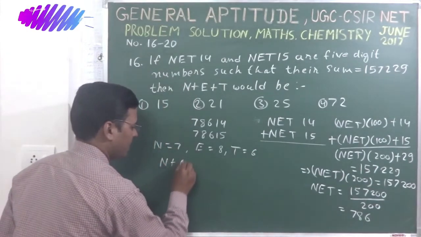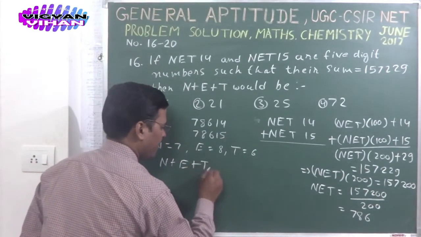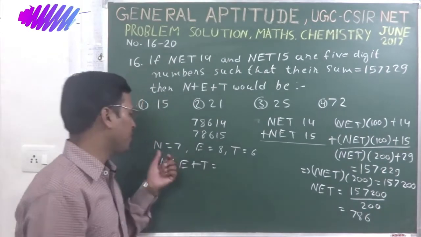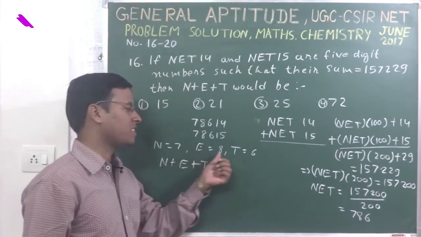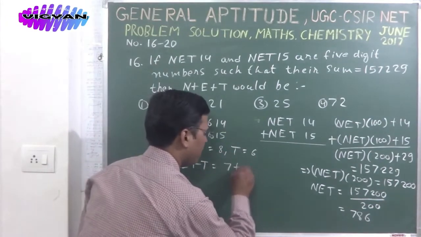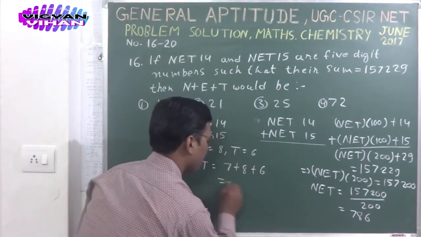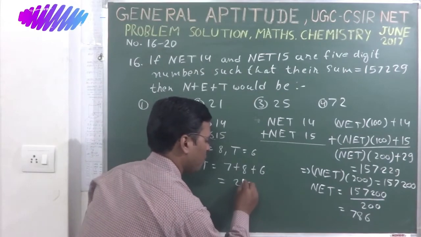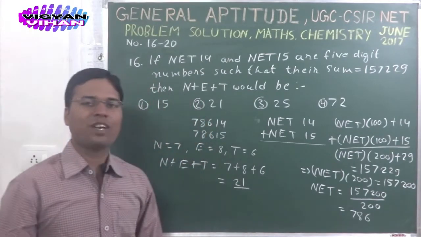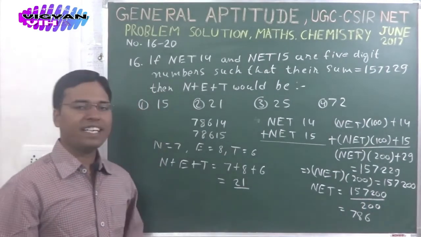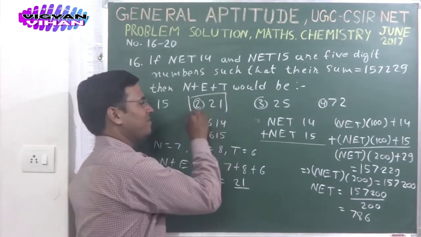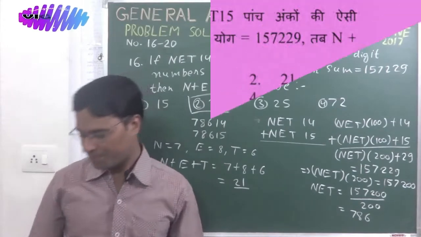So n plus e plus t can be calculated by putting the values of these three digits: 7 plus 8 plus 6 would be equal to 21. So the correct answer of this problem is 21, that is option 2.